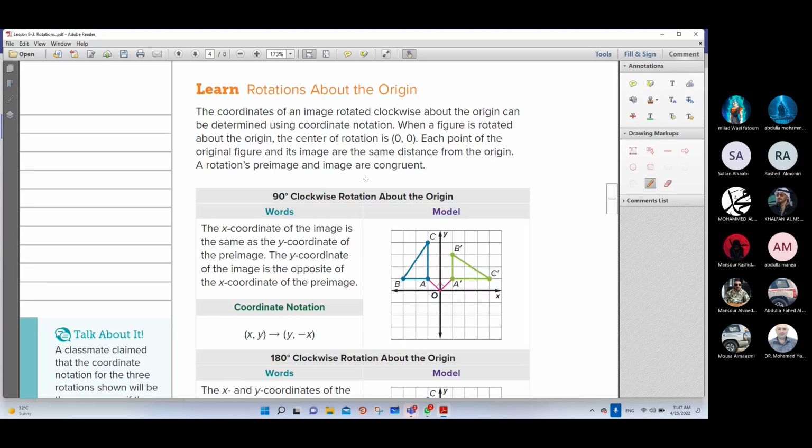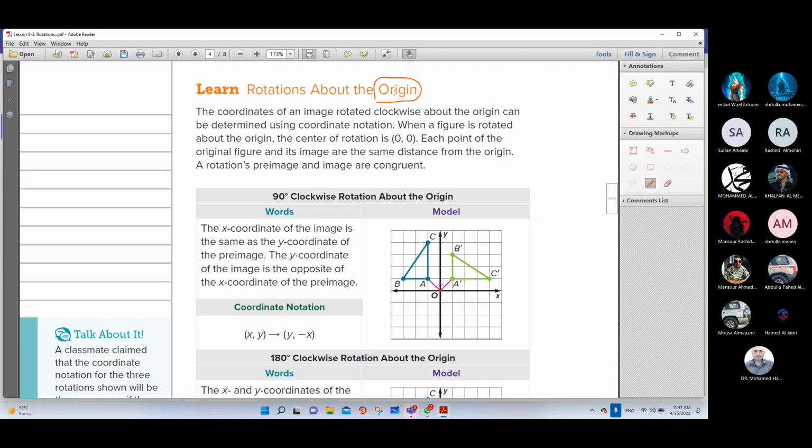Now we want to learn rotation about the origin. The center of the rotation now will be the origin, which means (0, 0). The coordinates of an image rotated clockwise about the origin can be determined using coordinate notation.